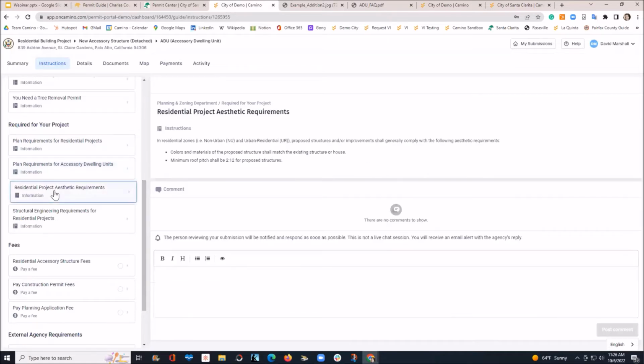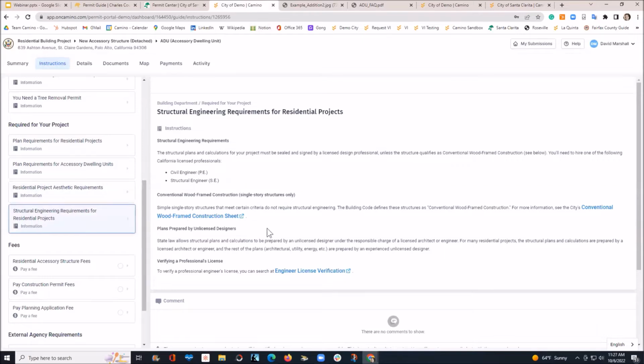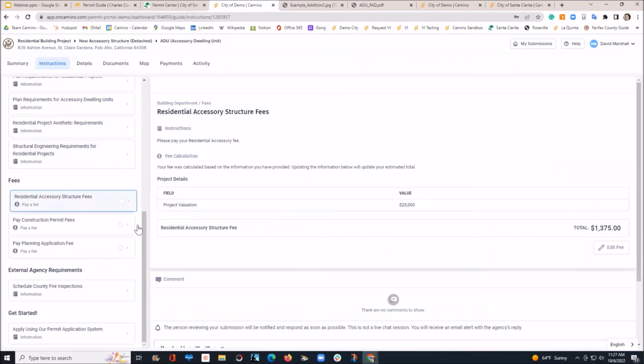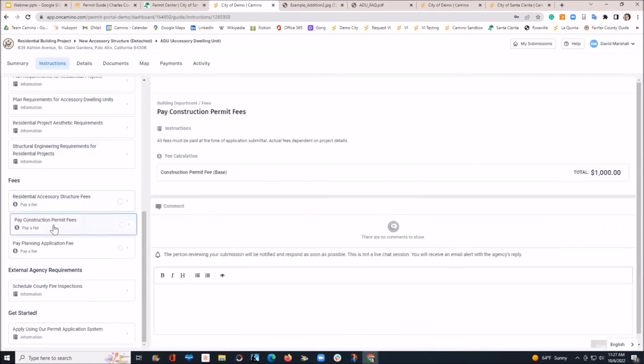And then even in this example, aesthetic requirements, structural engineering requirements with links to additional sheets that are probably on your website today. We also, again, have that breakdown of the fees. They're not going to be paying the fees with us, but they can see what the fees are going to be, so they're not shocked when they get to your website or get to apply.